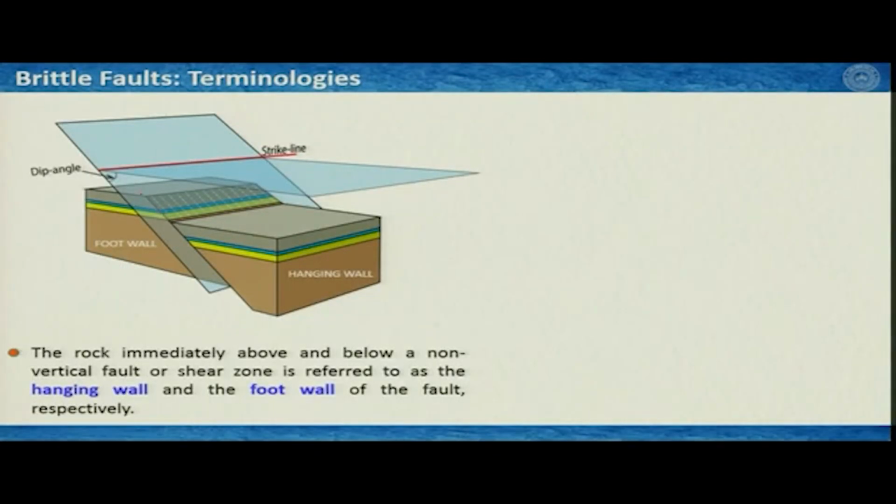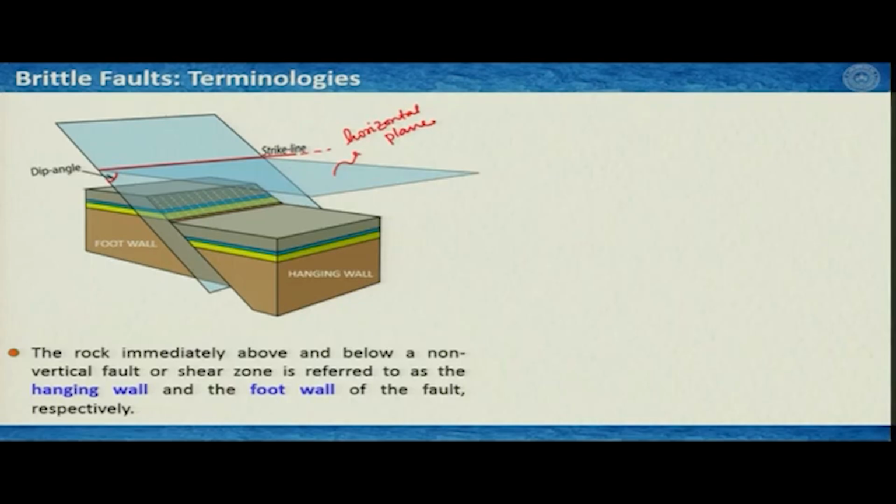So, the fault surface itself defines the fault plane, and if it is a plane, then we can measure the strike. In this case, this is a plane and this is intersecting with the horizontal plane. So, this is your horizontal plane. And where this horizontal plane intersects the fault plane, this blue plane is a projection of the fault plane. So, that defines the strike line, and the angle it makes is the dip angle.